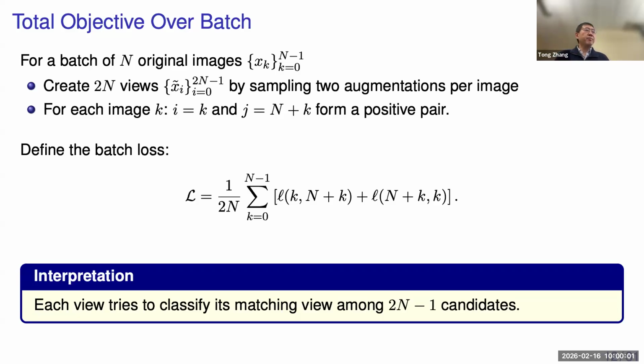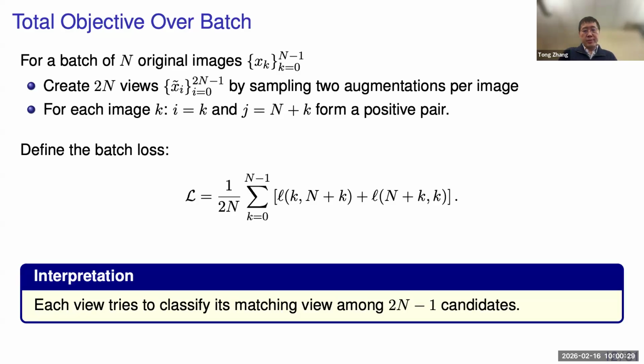So this is what the loss function tries to imply: it essentially tries to guess the other image by using the embedding space.